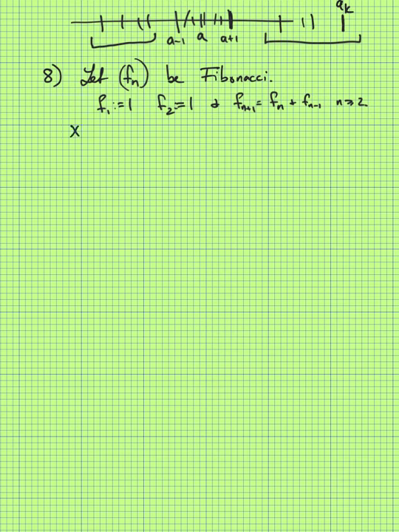Okay? And then you want to show that the ratios x_n, F_n over F_{n-1}, converge. So suppose that the x_n's go to x, and we have to carefully determine the value of x.